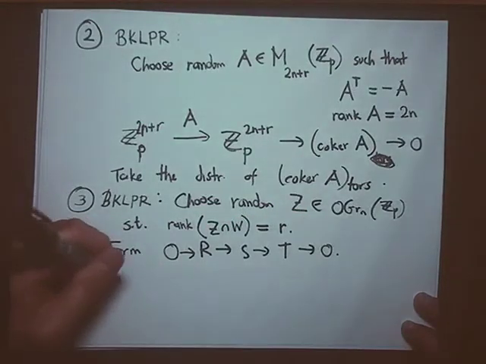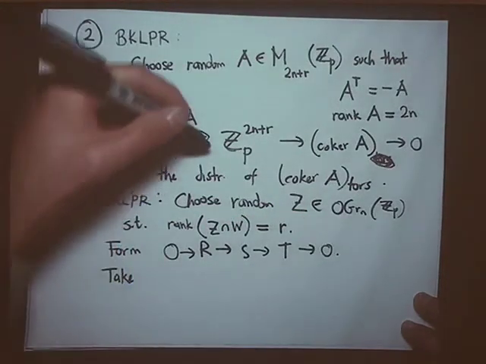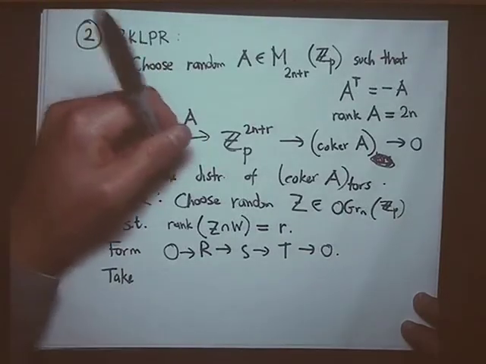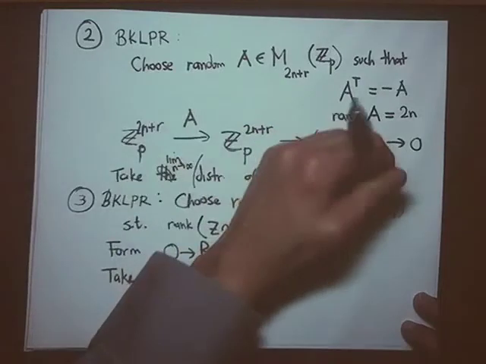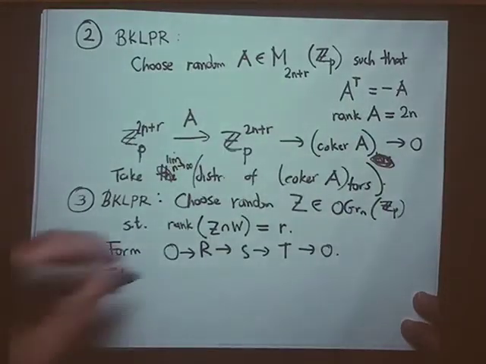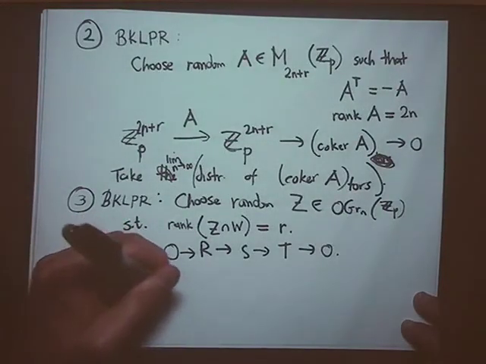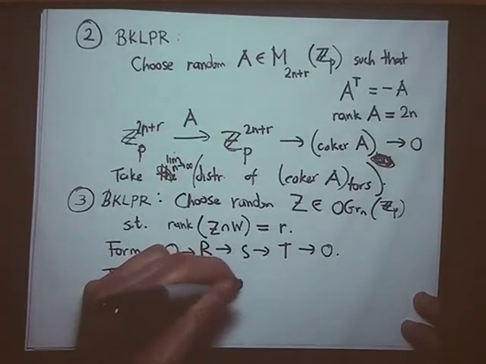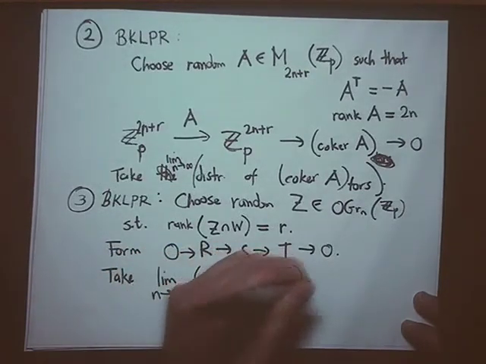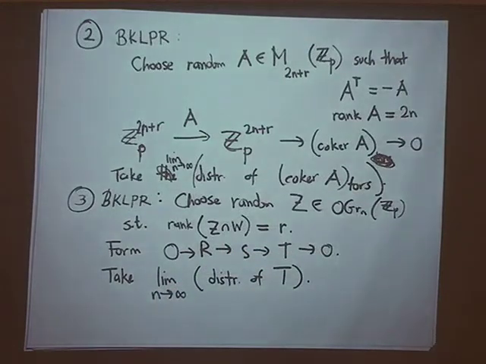Oh, I forgot to take the limit here. So take the limit as n goes to infinity of the distribution of T, and that's supposed to be, again, the distribution of the Tate-Shafarevich group.